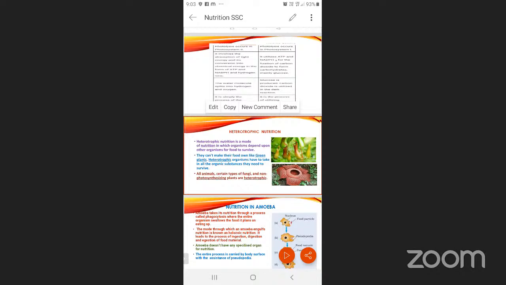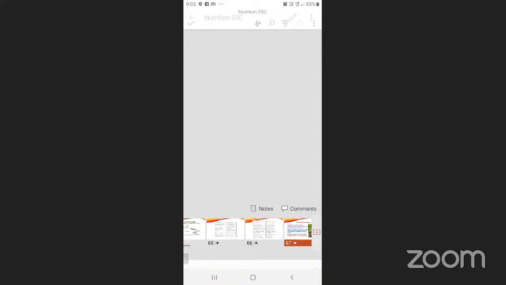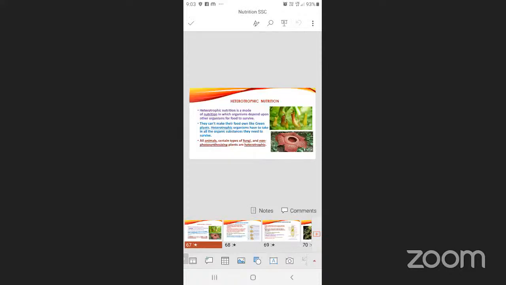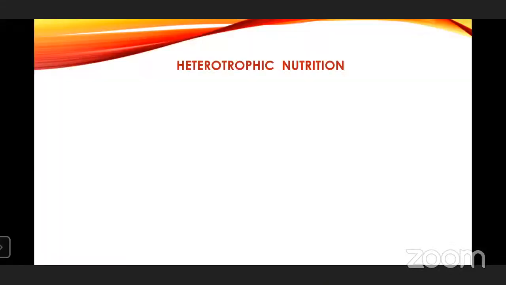Okay, dear students, in the living world, all organisms are capable of surviving under different conditions and acquiring their food in different ways. We have already studied organisms that capture light to produce their food.